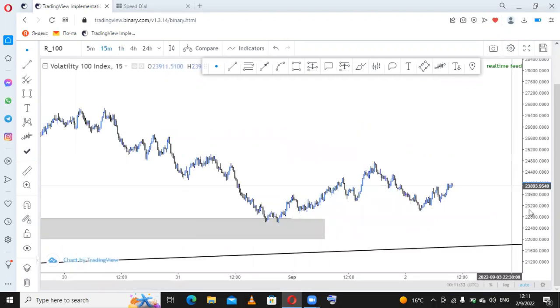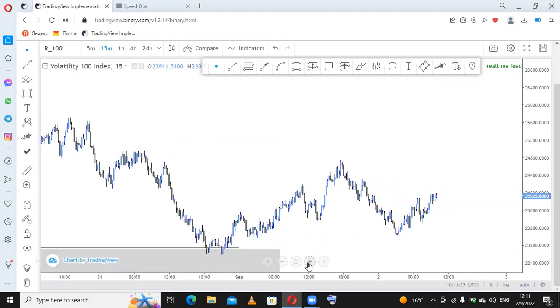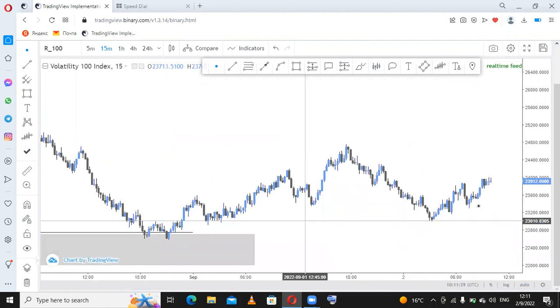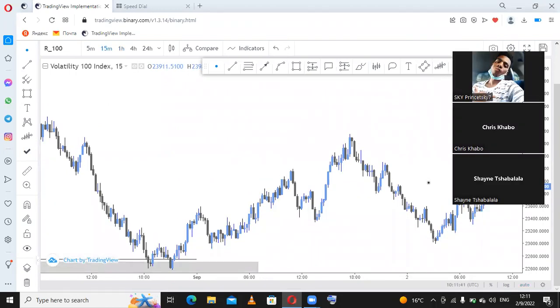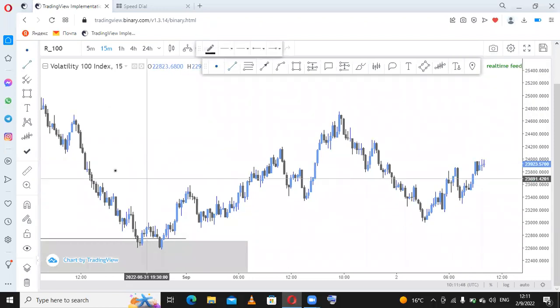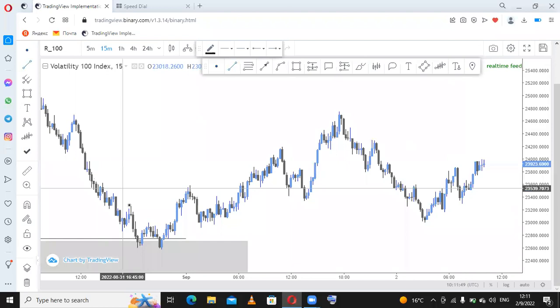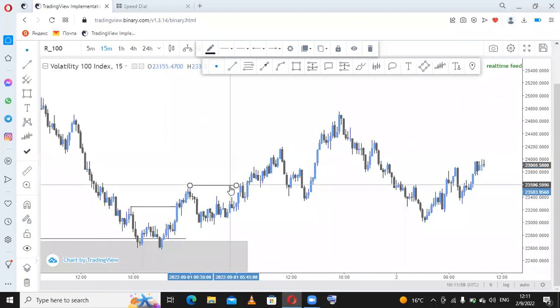Okay, so this is M15. On M15, what's happening? Okay, so on M15 we had a change of character to this side here, this one. Break of structure. Now this is the confirmation entry, so you could have entered here.